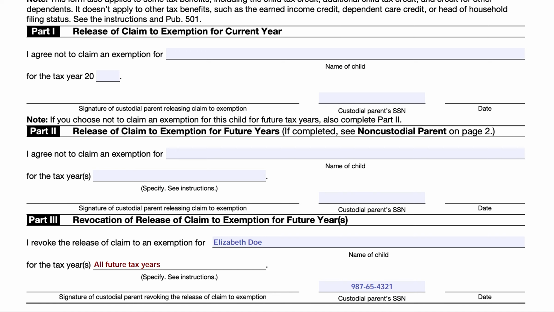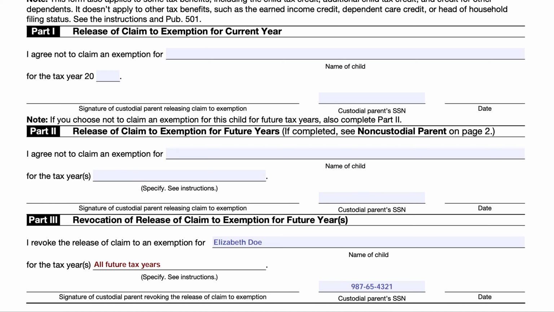She would then attach this Part 3 to her tax return, basically telling the IRS, hey, you have it in your files that I previously released my claim to exemption. I'm putting this back on my tax return, saying I've decided to claw that back. I'm going to start claiming this exemption in the future.